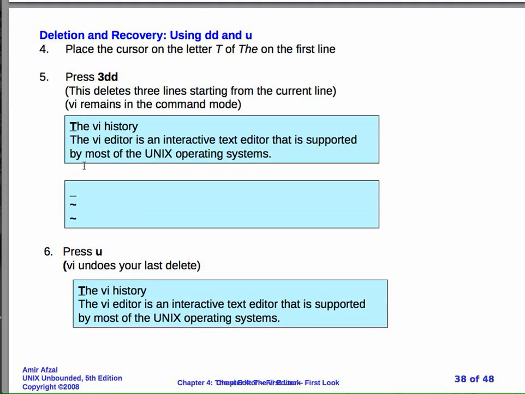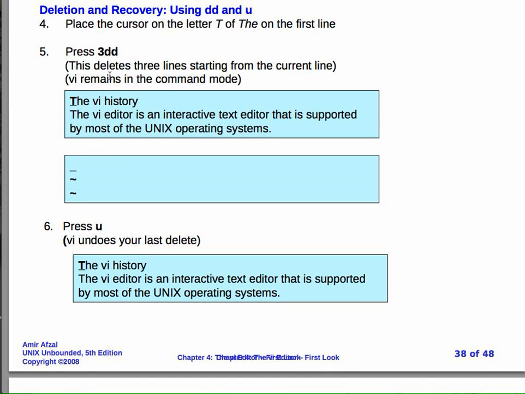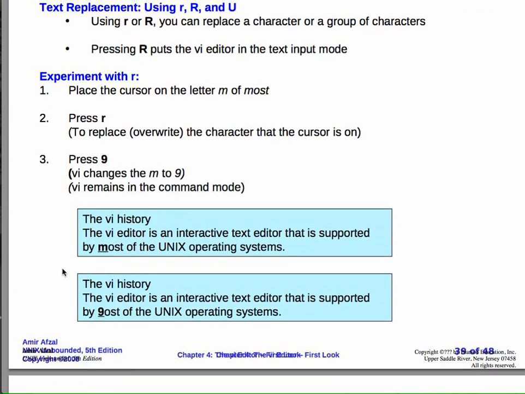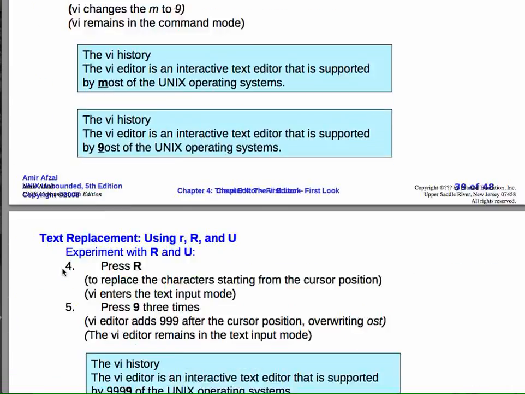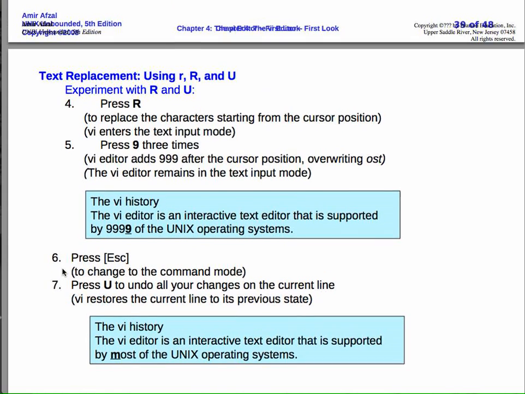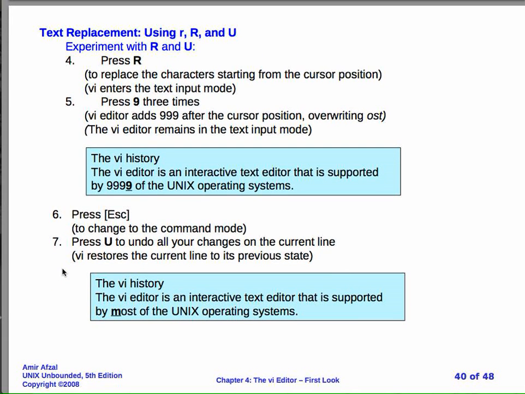Okay, so go through these. You can use, for example, 3 and DD, and what that does is remove 3 lines. And you can use U for undo. Experiment with lowercase r and uppercase R. So try those, and then we'll move on to the last section of this chapter, which is search. So try all of these and then go to the next video.